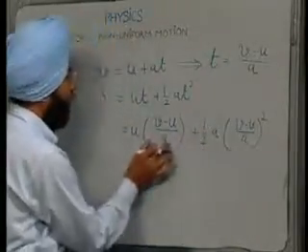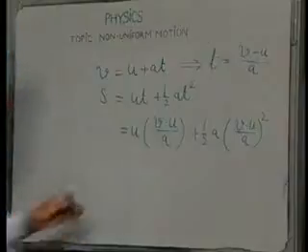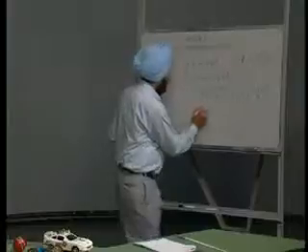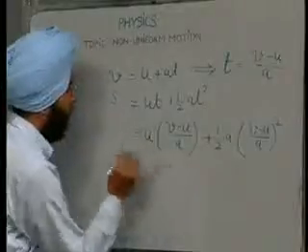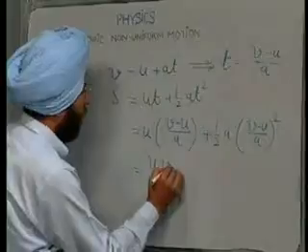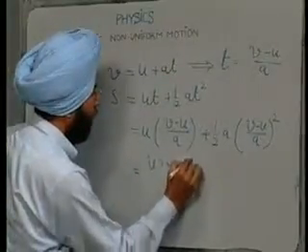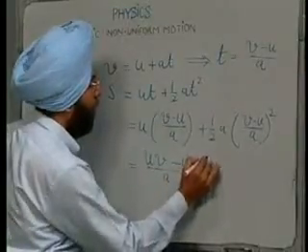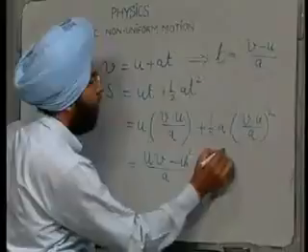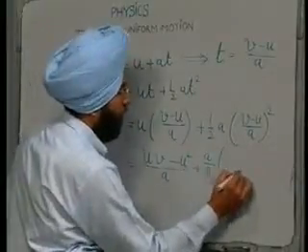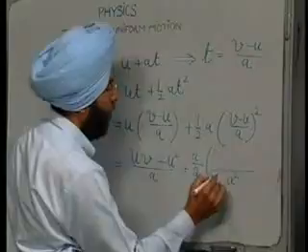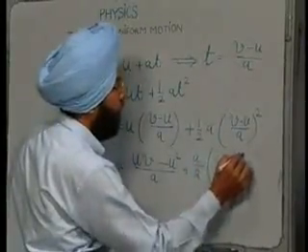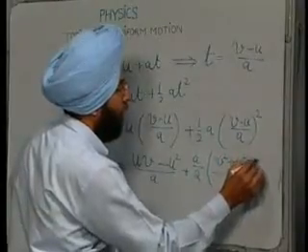This is the value of t in both the terms. u v, we open the bracket: u v minus u square over a, plus a by 2 into a square, v square plus u square minus 2 u v.